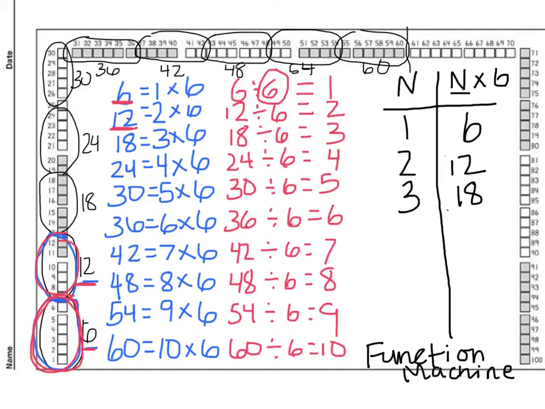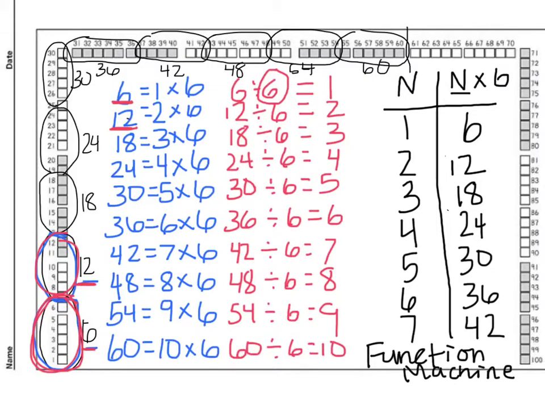Why don't you go and see how far you can get by putting numbers into this function machine? If you're not sure how to do this, let your teacher know, and she or he will take you through this lesson at a later time. Press play when you want to check some of your work.